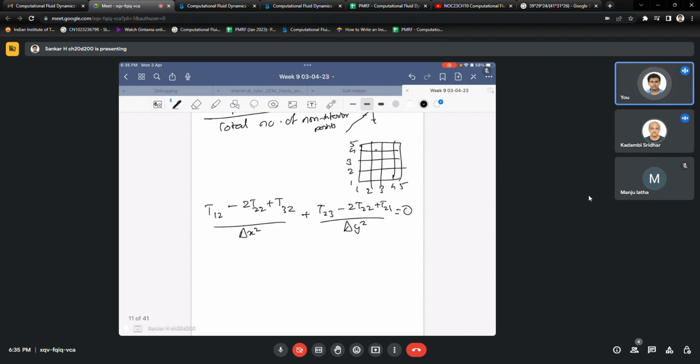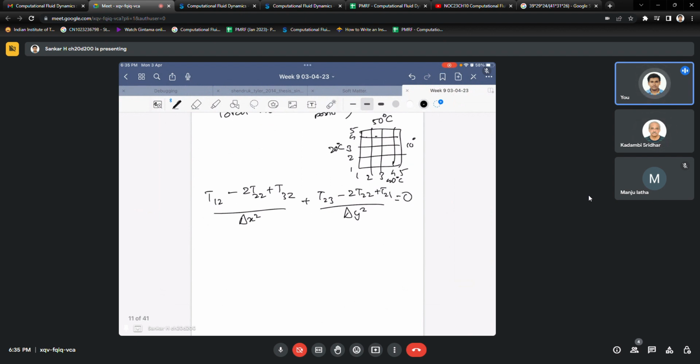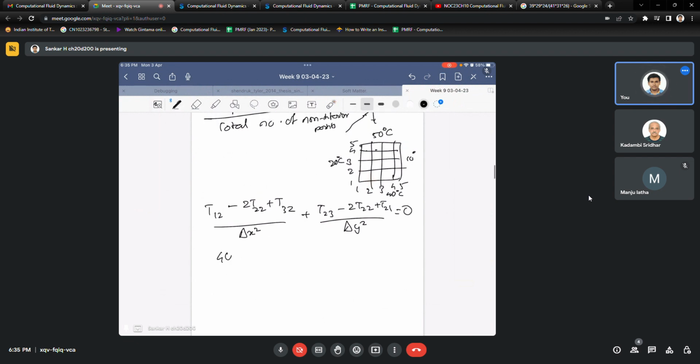Let us assume that the temperature here is 20 degrees C, 10 degrees C, here 40 degrees C, and here 50 degrees Celsius. Let's assume that delta x square is 1 and delta y square also is 1 for the sake of simplicity.